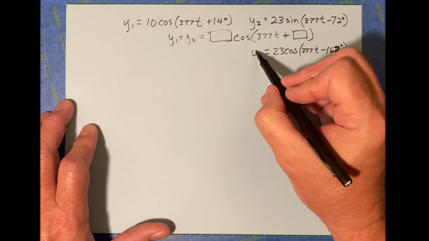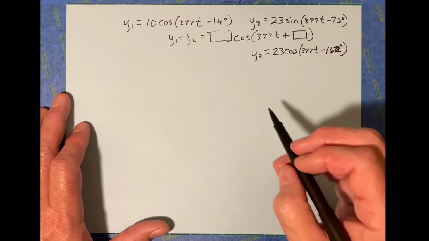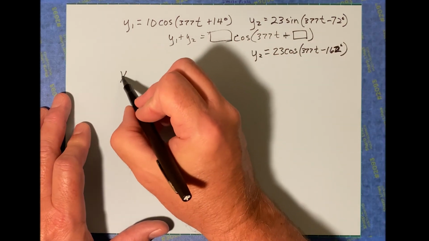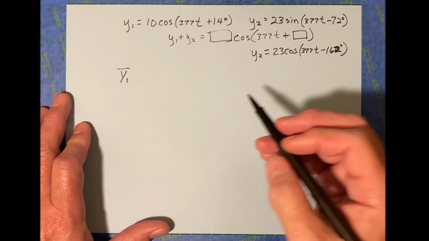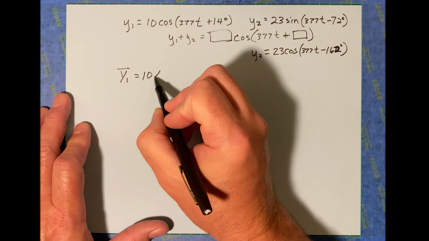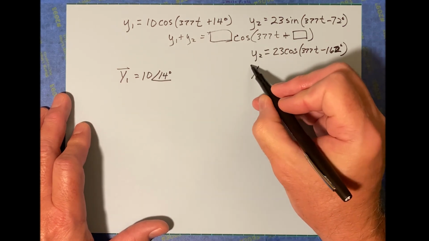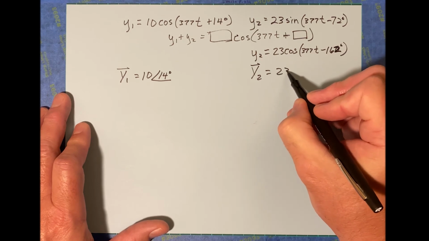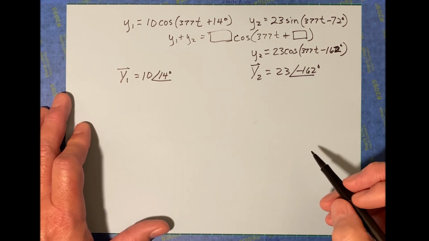Okay, so that's y2. Now I need to take my y2 and my y1 and convert those into the frequency domain, so do the phasor transform on them. Y1 is just going to be 10 angle 14 degrees. Phasor Y2 is going to be 23 angle negative 162 degrees, like that.